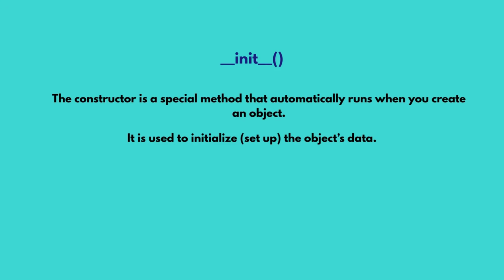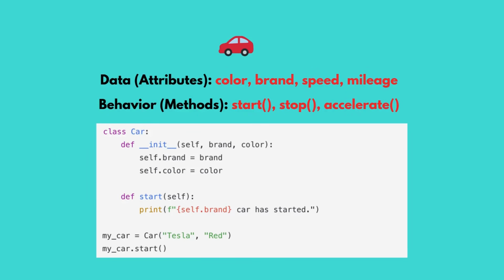Now what is init, which is the constructor? It is a special method that automatically runs when you create an object of any class. Okay, and it is used to initialize the object's data. In the last example, I've already shown you this Car class.